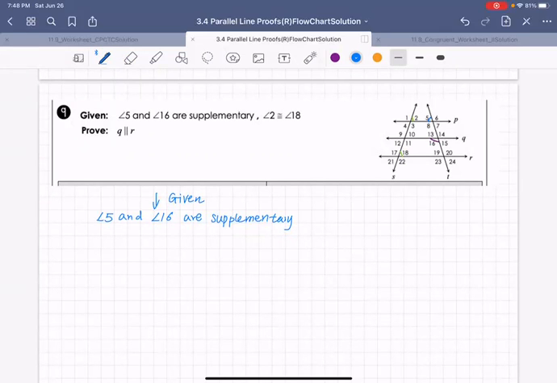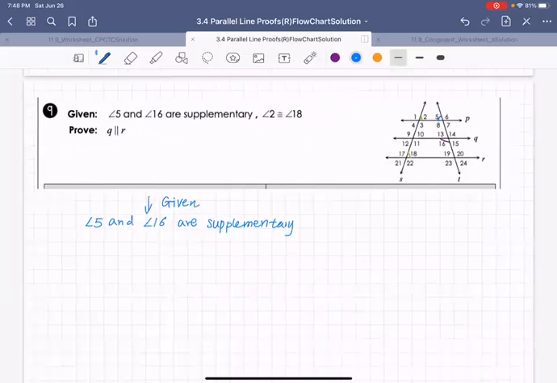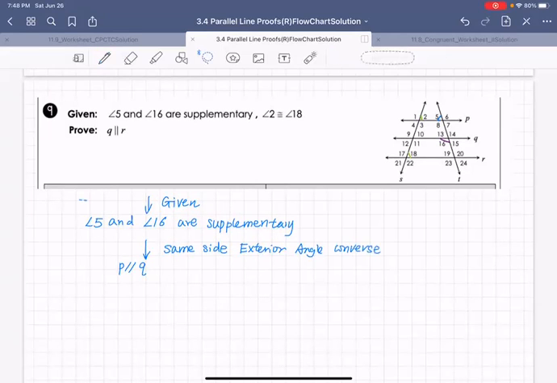P and Q are parallel. Good. And they're same side exterior converse. Same side. Exterior. Good. Next.